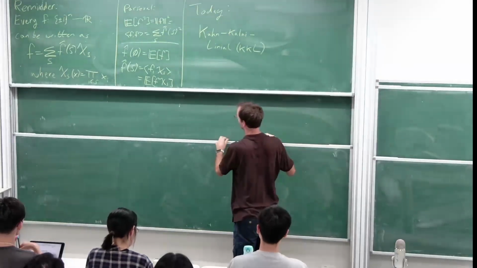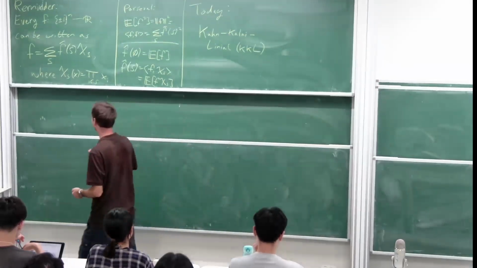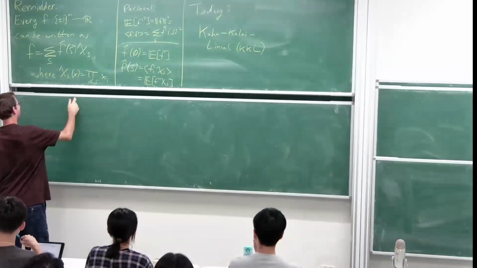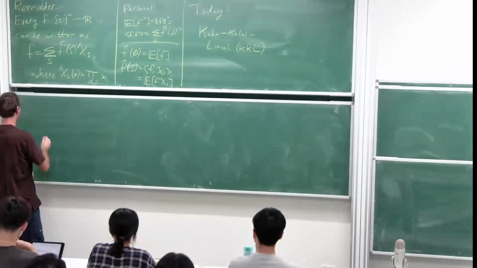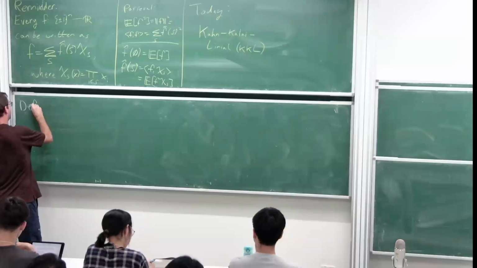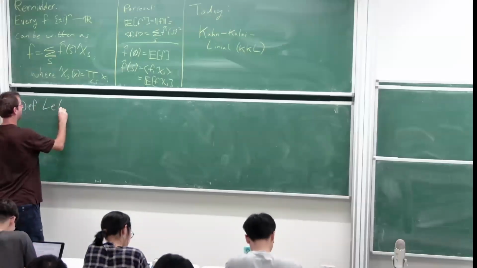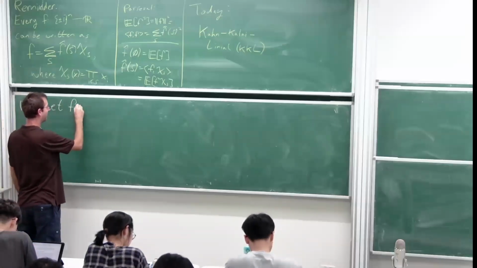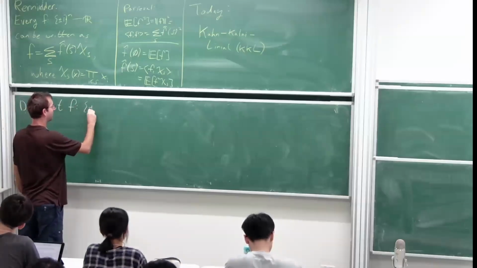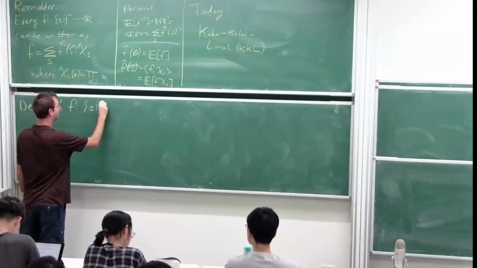This is a definition from social choice theory. Let f be a Boolean function. It doesn't have to be Boolean, but the definition we will give only makes sense for Boolean functions.